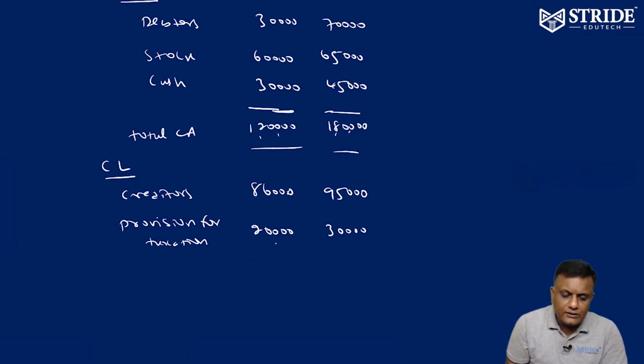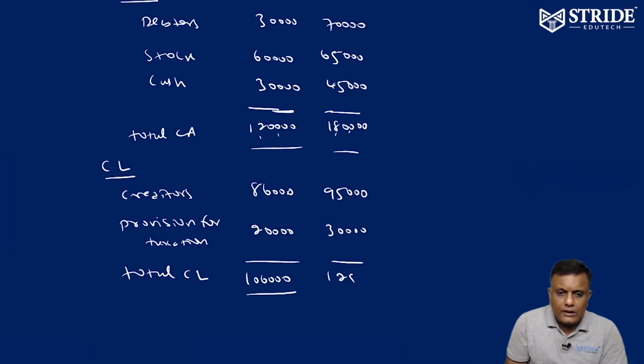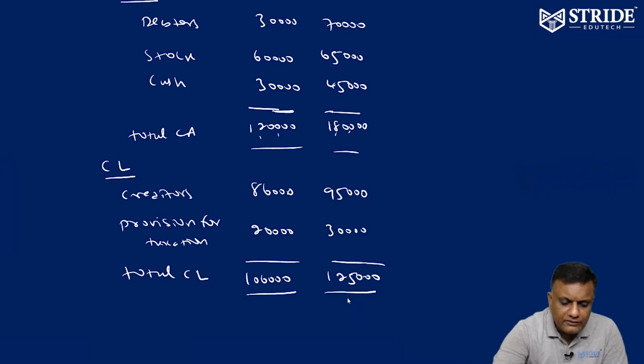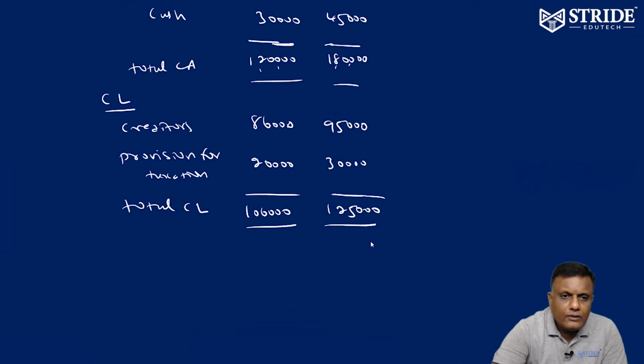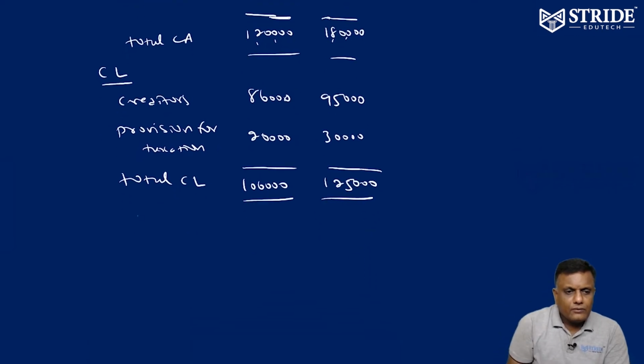Total current liability: 1,06,000 here, 1,25,000 here. Now working capital.